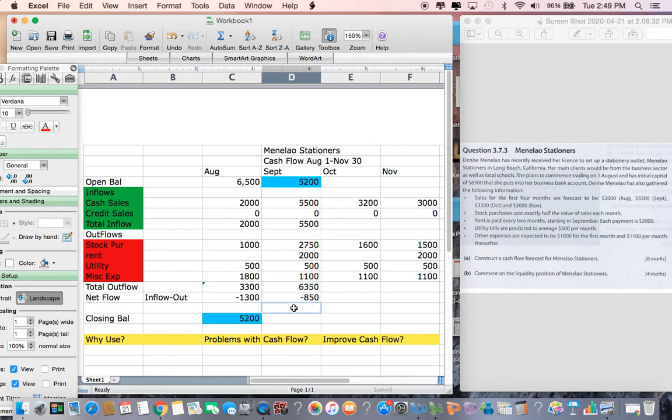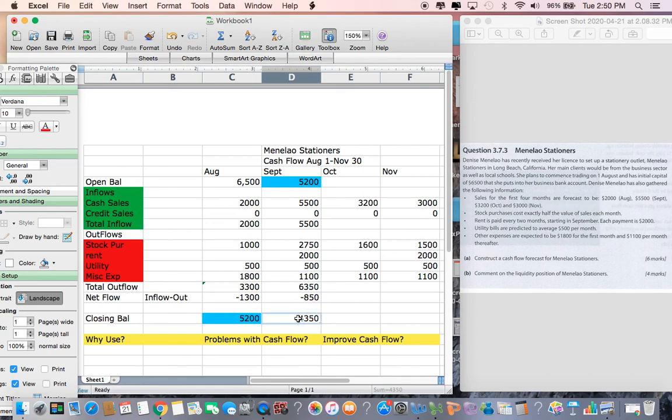My closing balance now is taking this opening minus, or well, in this case, a negative 850, and I end up with $4,350 as the closing balance for September.